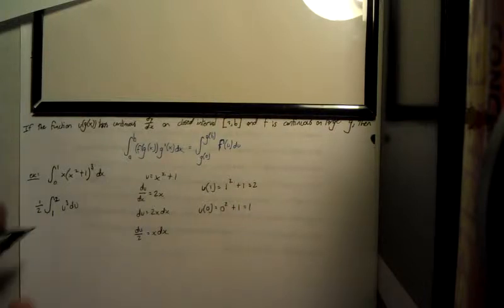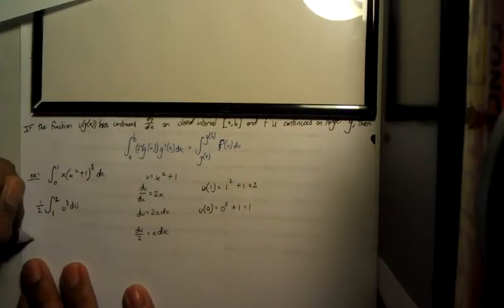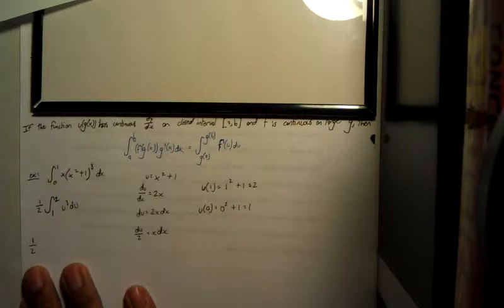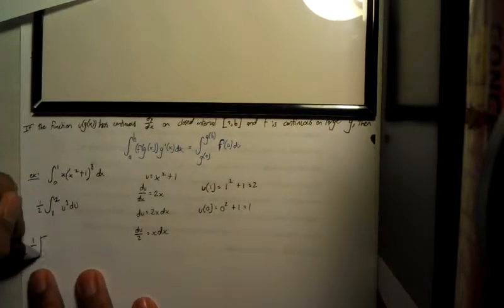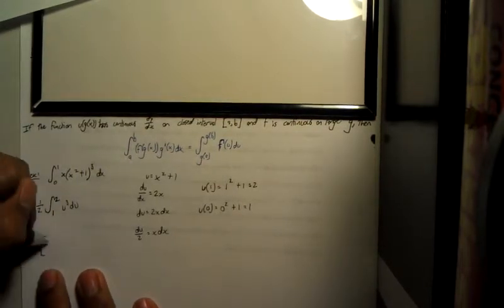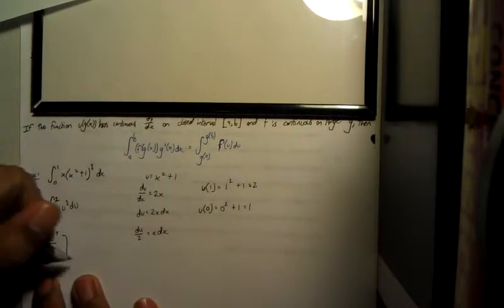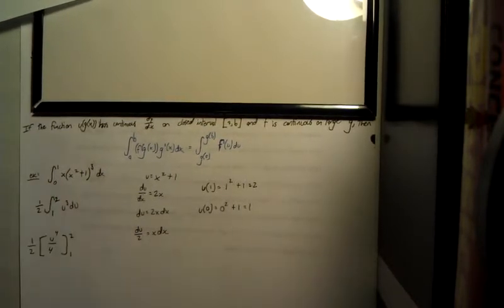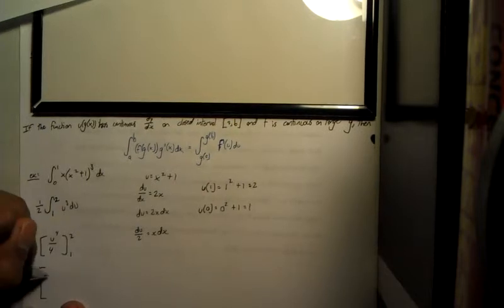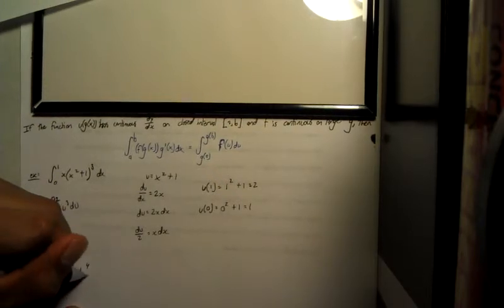Now you just solve this just like you would using the fundamental theorem of calculus. You have 1/2, do our integration, so u to the 4th over 4, now from 1 to 2, so 1/2 times 2 to the 4th over 4 minus 1 to the 4th over 4.